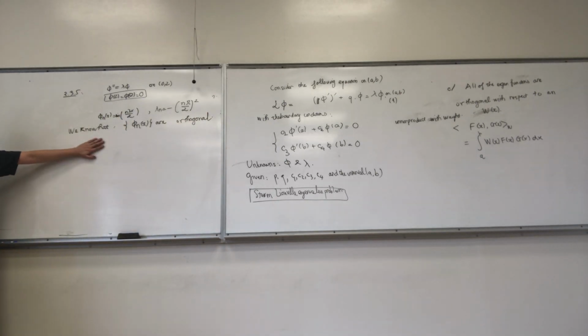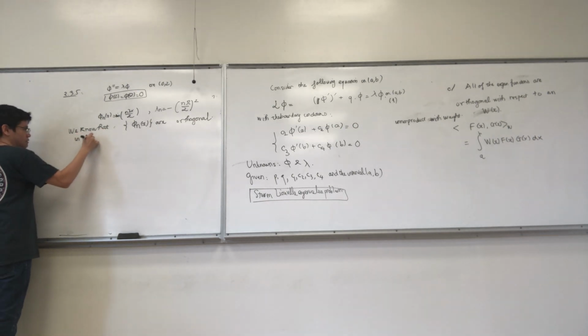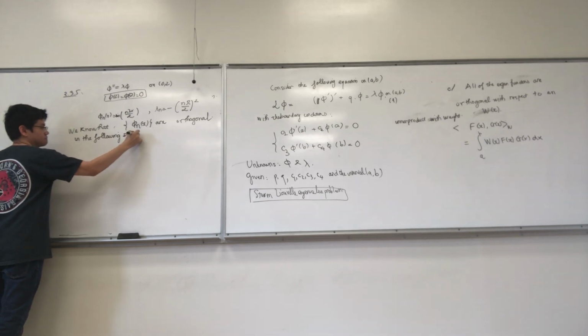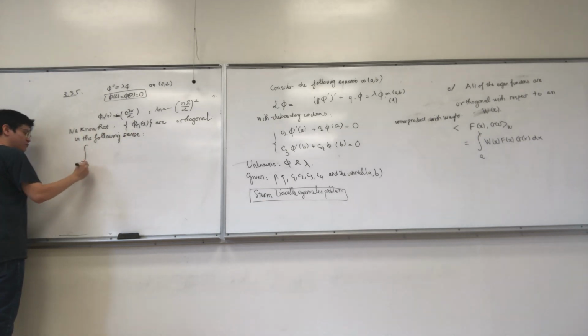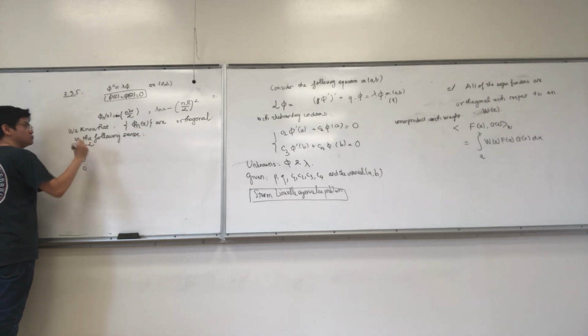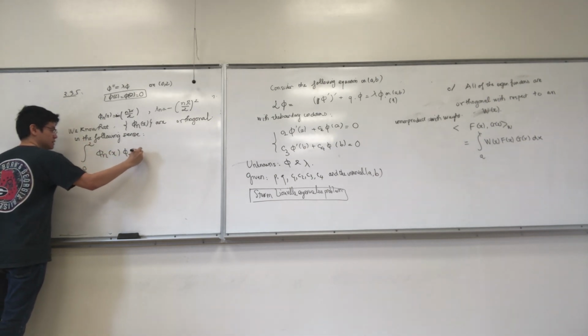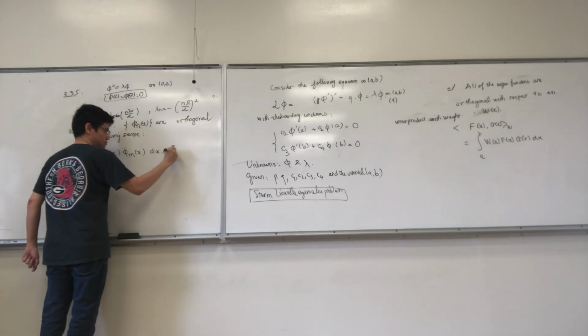All of the phi n(x) are orthogonal in the following sense: the integral from 0 to 2 of phi n(x) phi m(x) dx is 0.